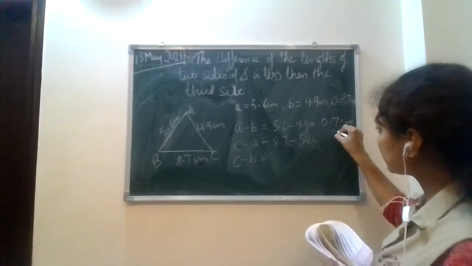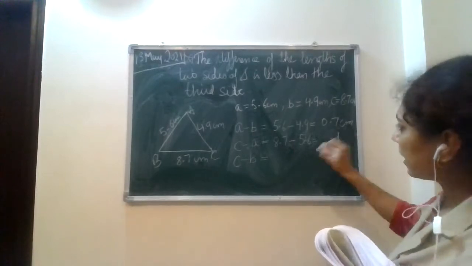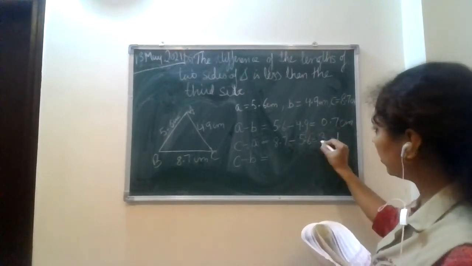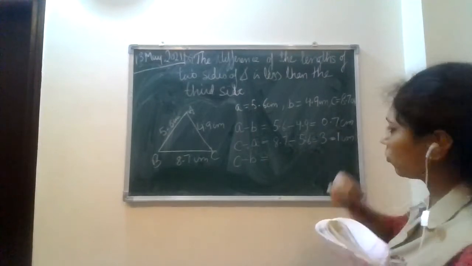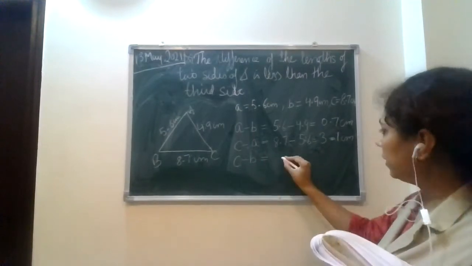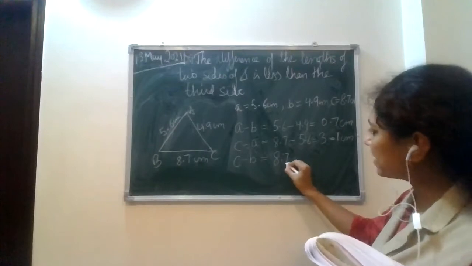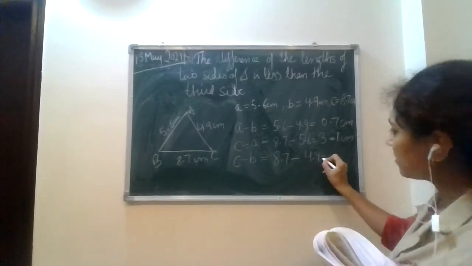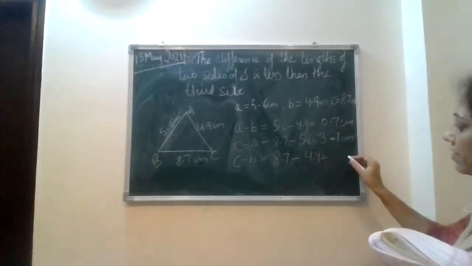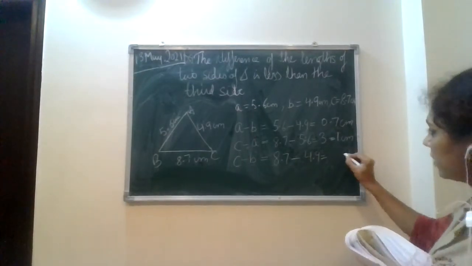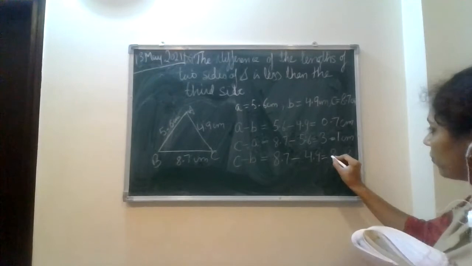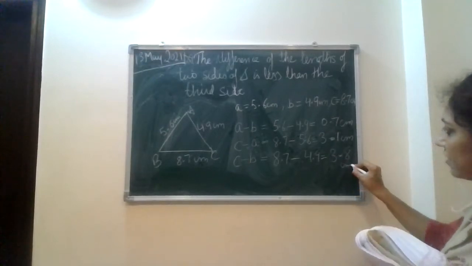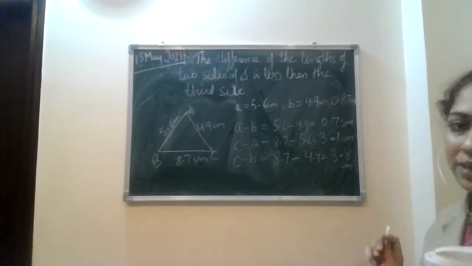The answer you will get is 7 minus 6 is 1, and 5 subtracted from 8 is 3, so 3.1 centimeter. Okay. Now C minus B, 8.7 minus 4.9. The answer you're going to get is 17 minus 9 is 8, and 7 minus 4 is 3, so 3.8 centimeter. These are the results which you will get after subtraction.